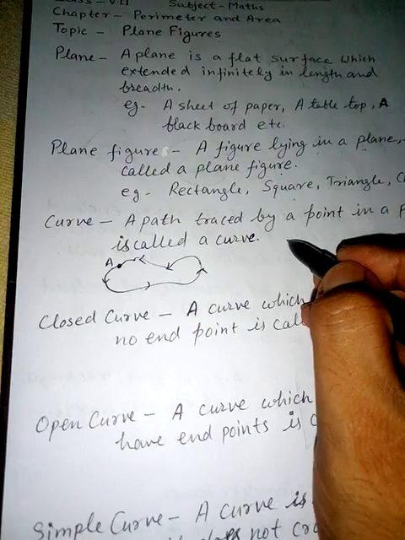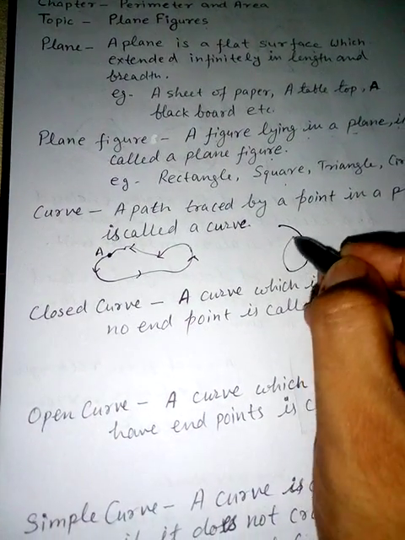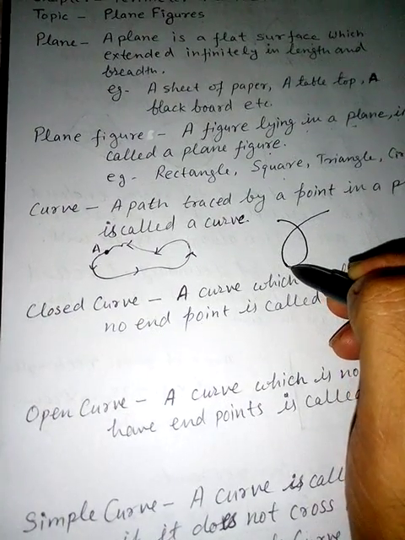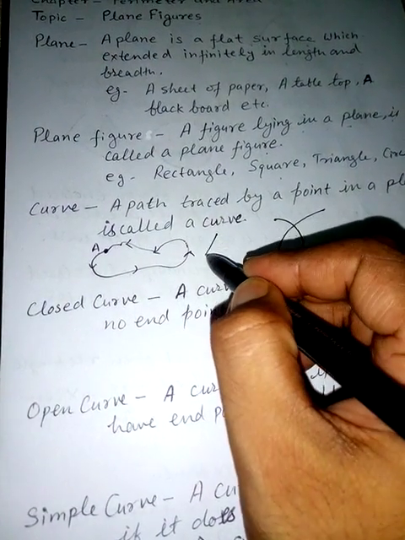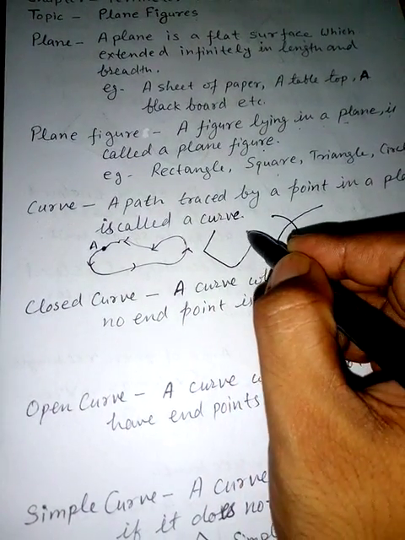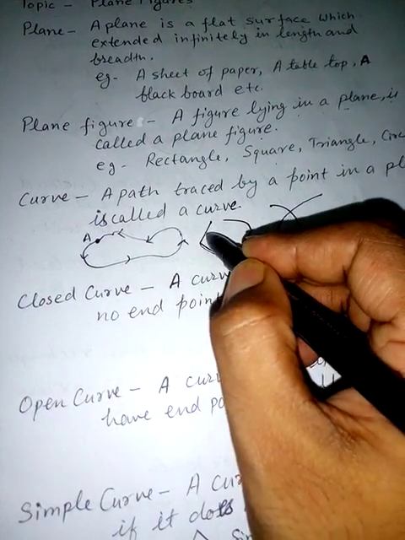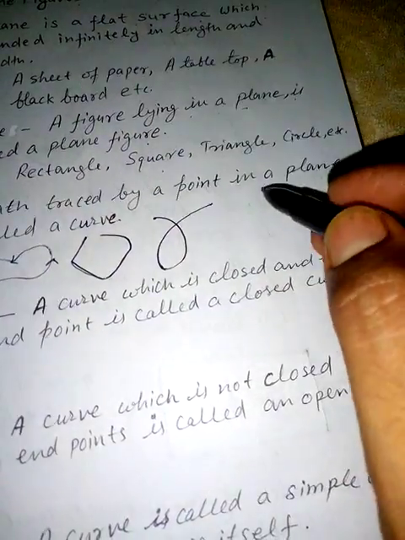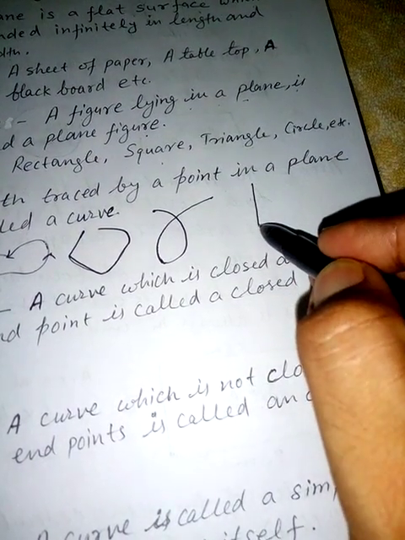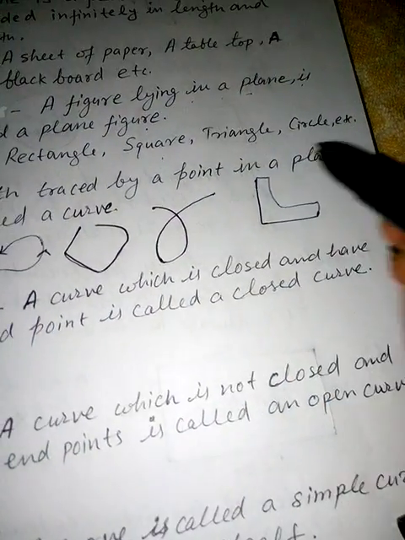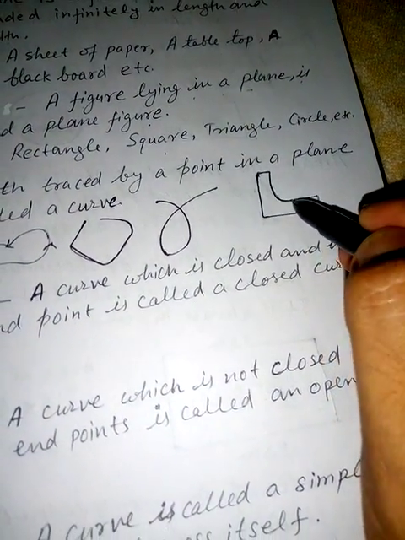If we draw like that, this is also a curve. If we draw this, this is also a curve. If we draw so, this is also a curve.